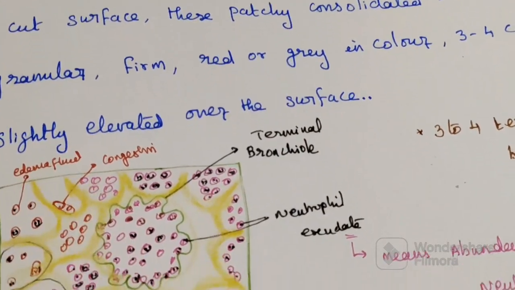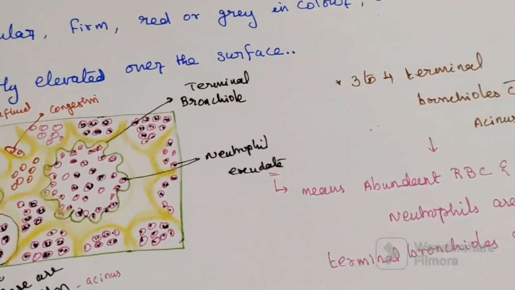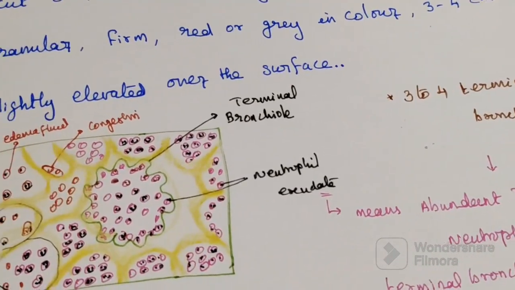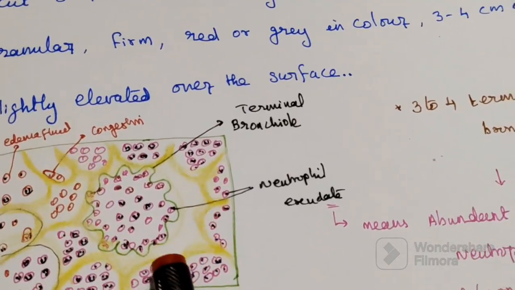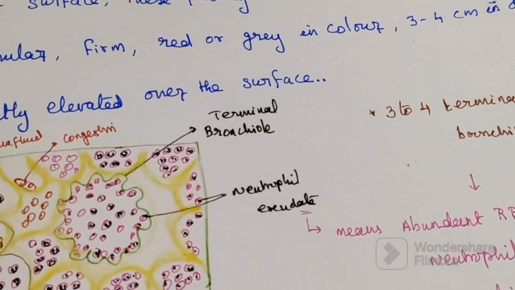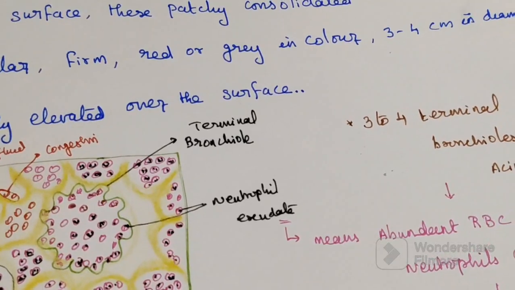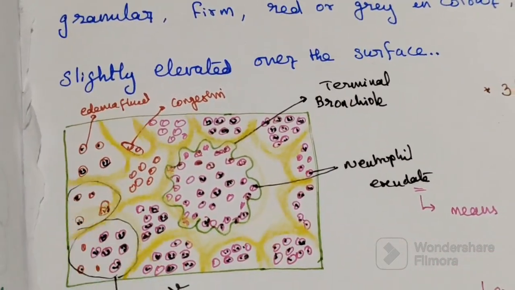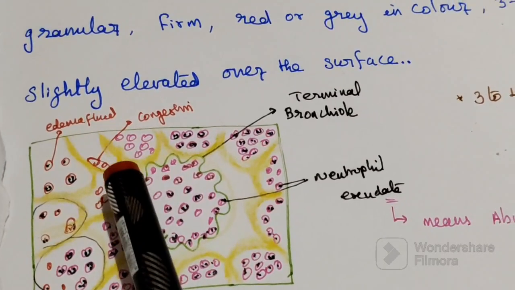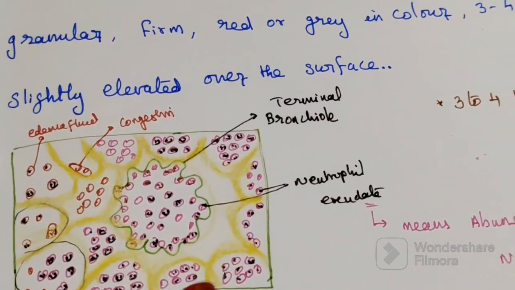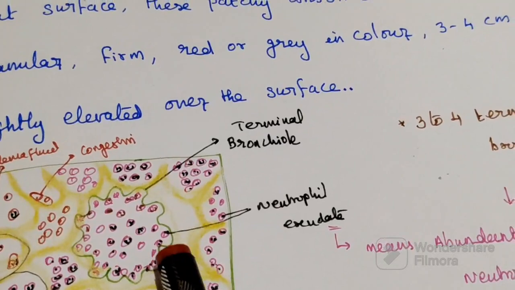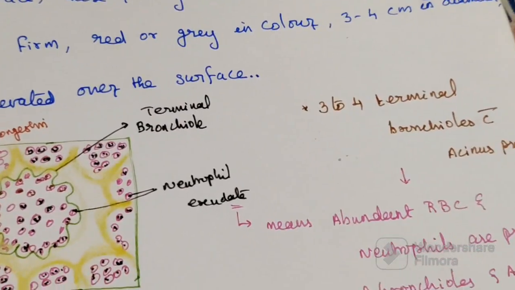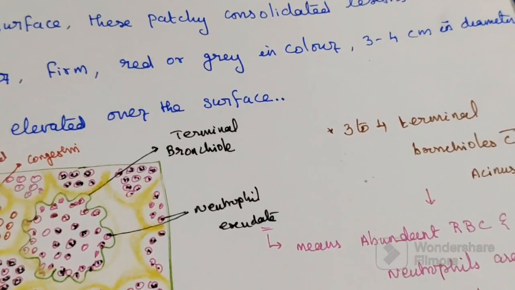This is the microscopic view. Here 3 to 4 terminal bronchioles along with acini are present. In this balloon is the edema, this is the congestion, and this is the terminal bronchiole.